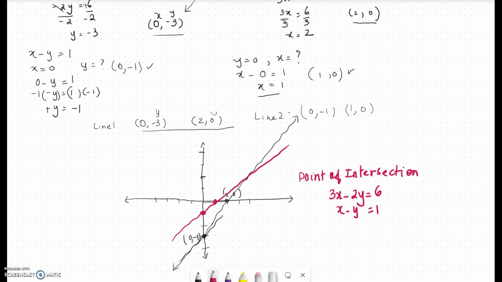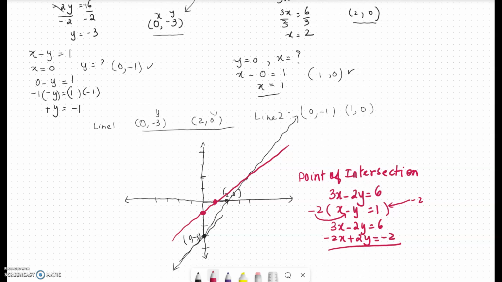If we had to solve this algebraically, we could multiply both sides of the second equation by negative 2. When we multiply both sides by negative 2, we have negative 2x, negative times negative, positive 2y, and we have to do the exact same thing on the right side. So negative 2 times 1 equals negative 2.